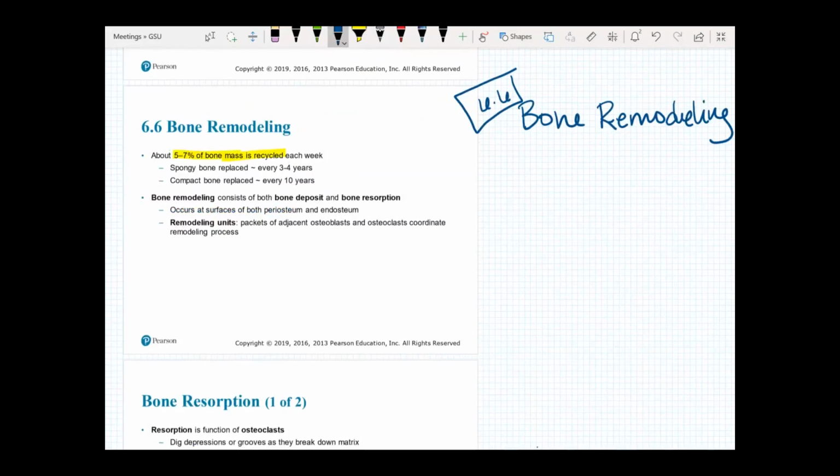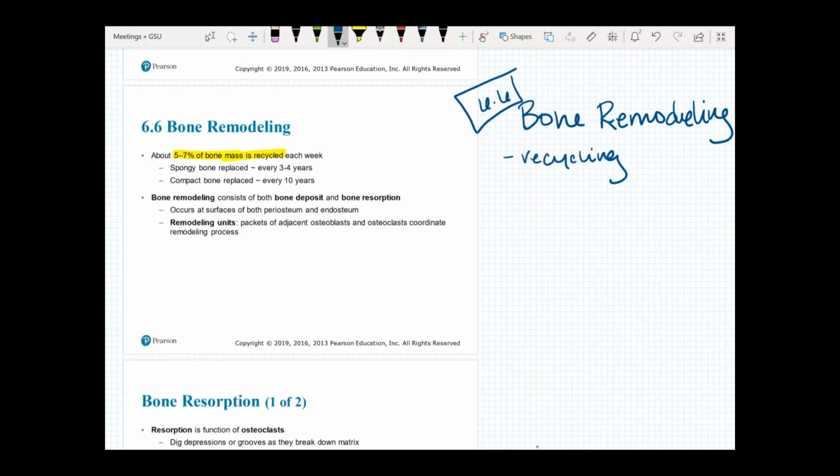So everyone is probably familiar with your skin needing to have a new layer of skin, because it will get sloughed off, it'll get scraped off, but you need to have that replacement of your external skin. You also need to replace your bone, just to make sure that it is super, super strong. So bone remodeling is a process of recycling your bone.